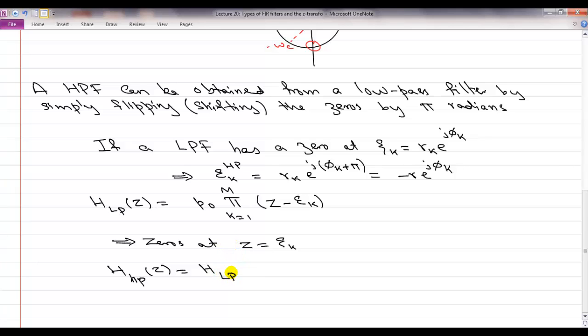So you get the low pass at z equal to minus z, and you get p0 times the product over k from 1 to m of minus z minus zeta k. Okay. So that's the only difference between a low pass and a high pass filter. They look exactly the same. The zeros in the low pass filter get moved by 180 degrees, by pi radians, to give you a high pass filter.